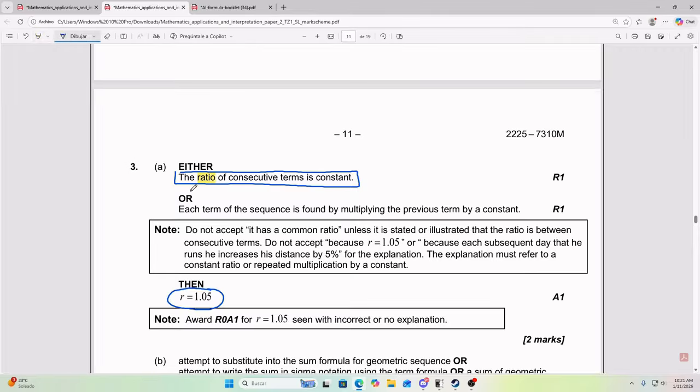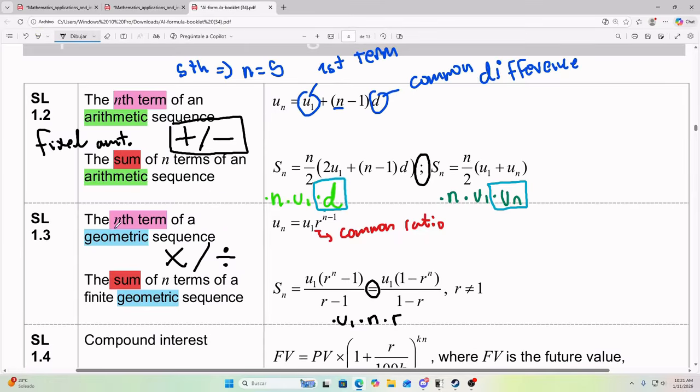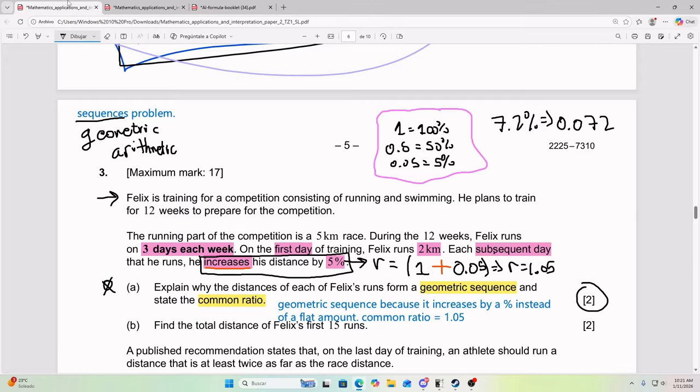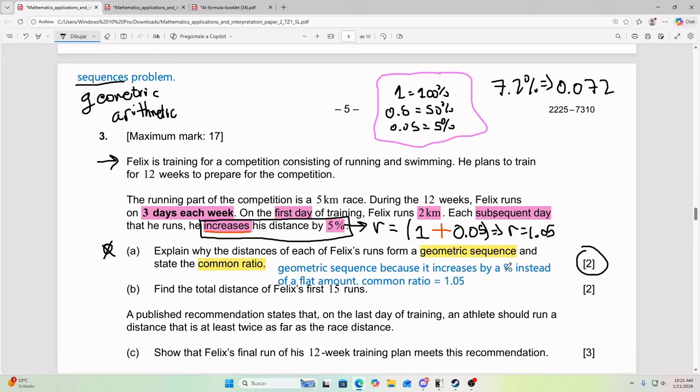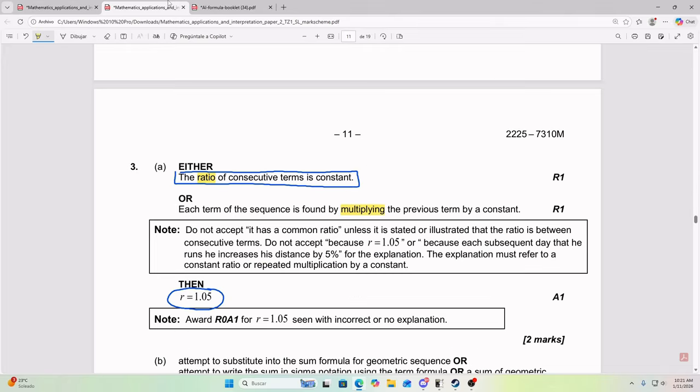On the second part, it says each term of the sequence is found by multiplying. Identifying that it's multiplying shows that you understand the concept that geometric is multiplying or dividing. In this case, I said geometric sequence because it increases by a percent instead of a flat amount. I could have done better, and I'm leaving this in the video because it happens to anyone.